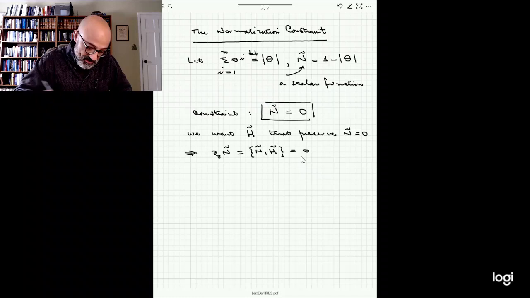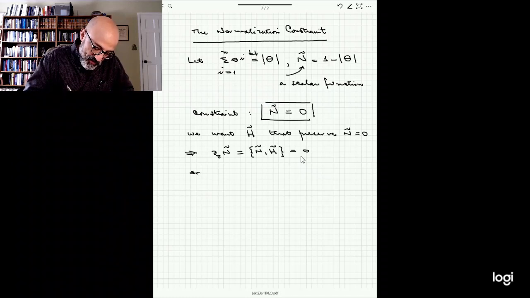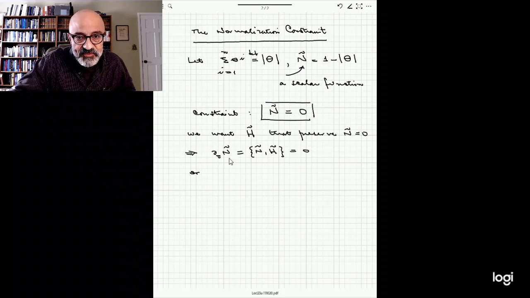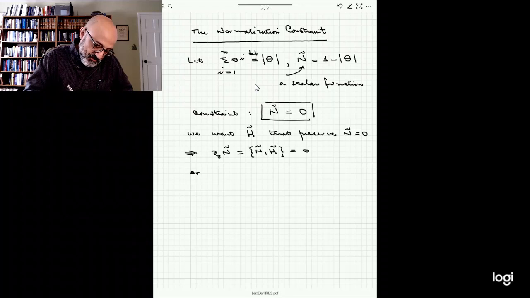Furthermore, we can rewrite this as saying, look, if you want the normalization to be preserved, you might as well just write it in terms of the thetas. So here is one possibility.